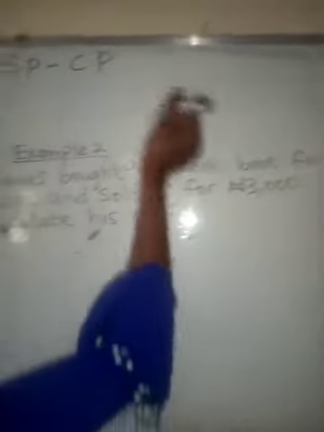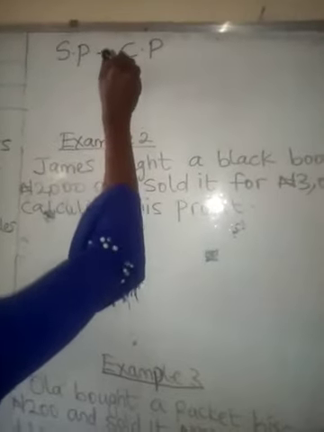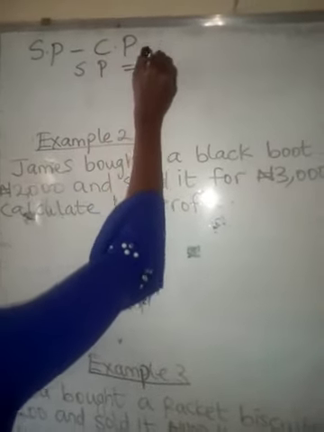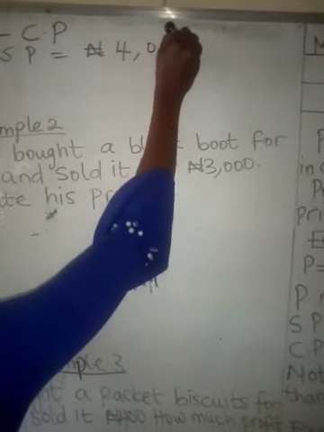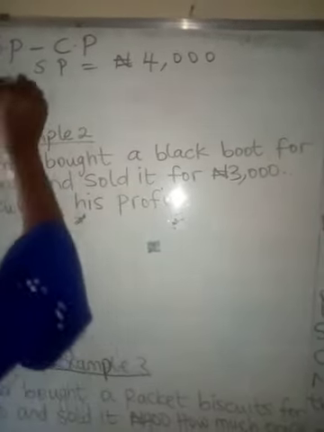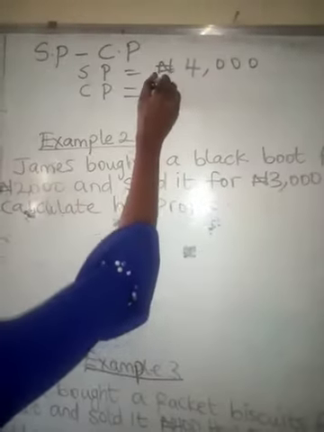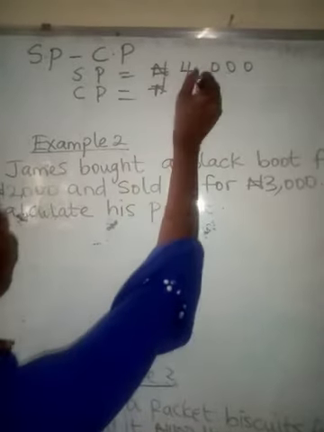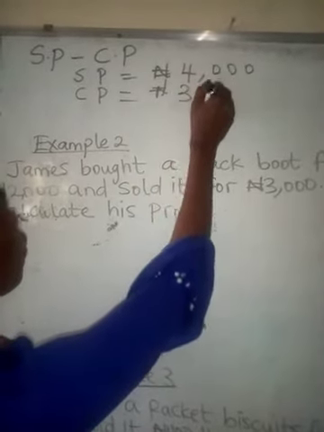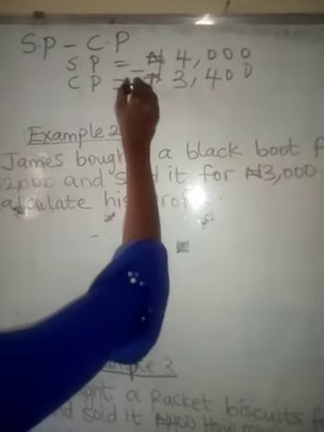Now, how do we go? Our SP is 4,000 naira. And our CP, which is the cost price, is 3,400 naira, and we're using our minus. Now let's solve.